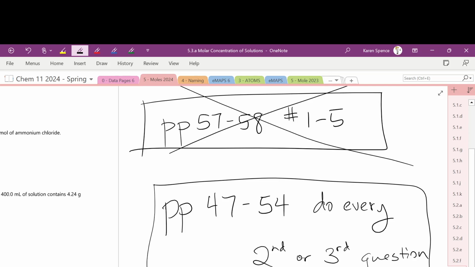I think I'm actually going to use it. We have an experiment next year where we take copper solid and we mix it with nitric acid to get some NO2 gas, which is a brown gas, and we do an equilibrium experiment with it.